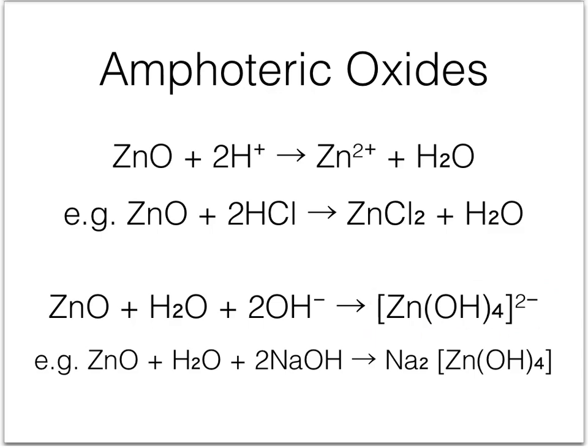And once again, this top reaction here is just a net ionic equation for this one, and we're just not including the sodium spectator ions. So once again, we've got zinc oxide reacting with hydroxide to give the zincate ion, and this reaction does not include the sodium ions, which are spectators. So amphoteric oxides react with both acids and bases.